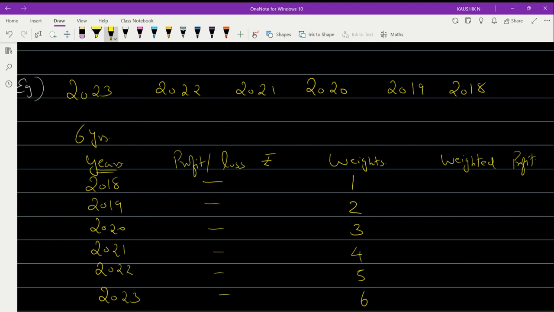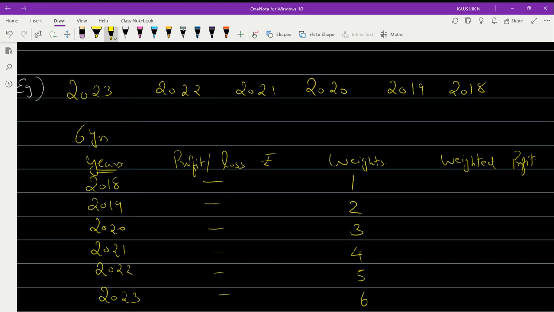So it is all based on the number of years only. If they give 5 years, then weights will be 1, 2, 3, 4, 5. If they give 3 years, then 1, 2, 3. Irrespective of the weights, the concept here is that you should be in ascending order, and then assign the weights as 1, 2, 3, 4, 5 in this pattern only. Multiply the weights and the profit or loss amount for the respective year, get the weighted profit, total them, and then divide the value by the total weights.